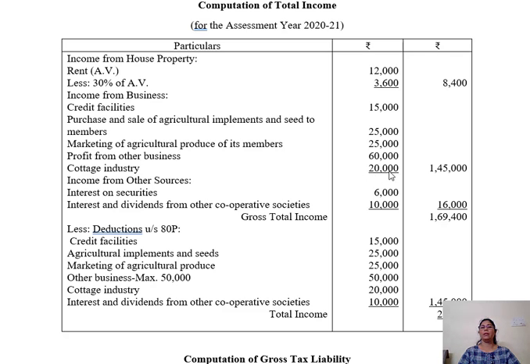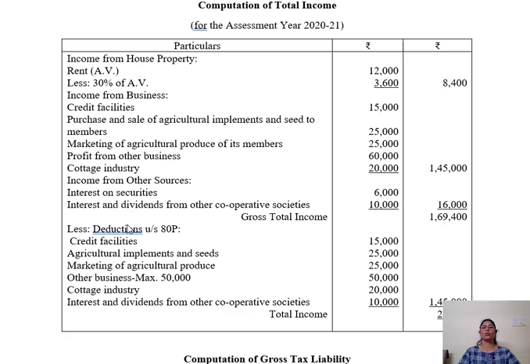So total income from business is 1,45,000. Next head is income from other sources: interest on securities 6,000 and interest and dividends 10,000. Income from other sources 16,000, and the gross total income, the total of three heads, is 1,69,400.